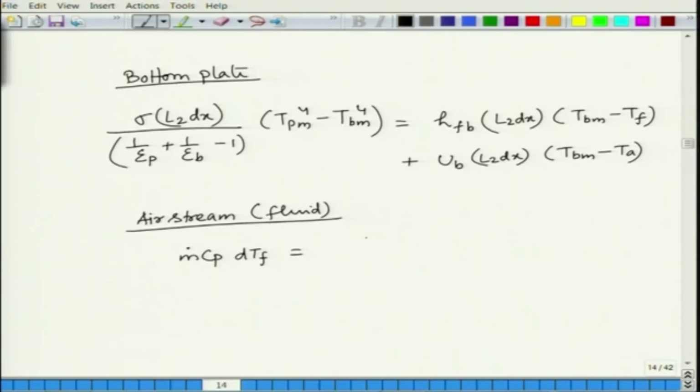This storage that is happening inside the fluid, where is that heat coming from? One is from the top plate, the other one is from the bottom plate.